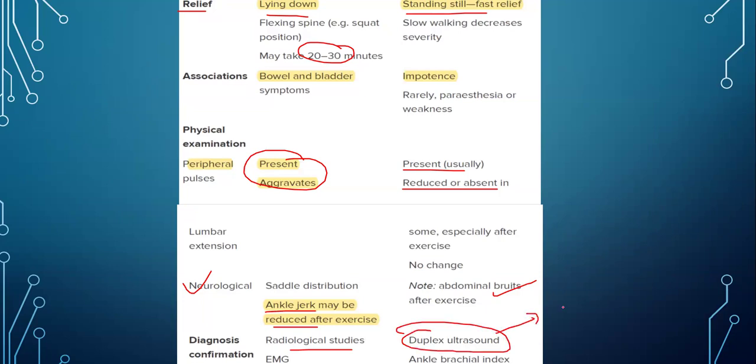So duplex arterial ultrasound is the initial test. And if you think that there might be a severe vascular ischemia, then sometimes we even do a CT angiogram or CT aortogram. Okay, so that's the investigation of choice.